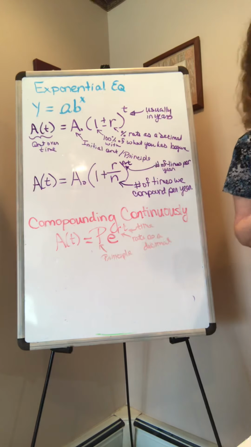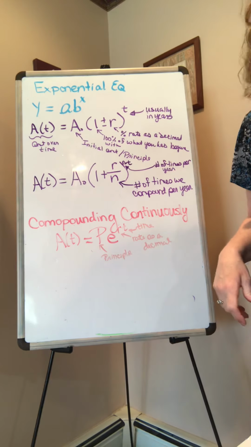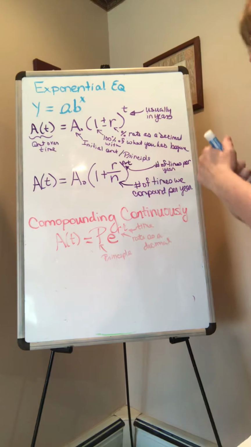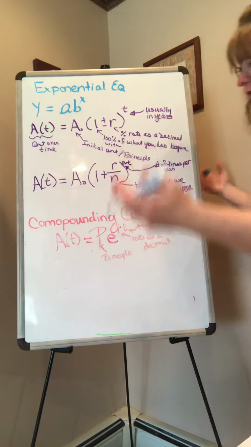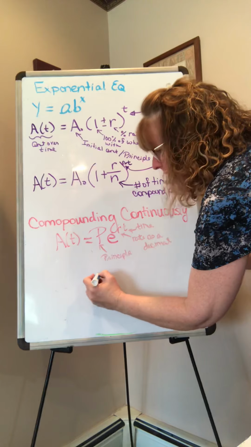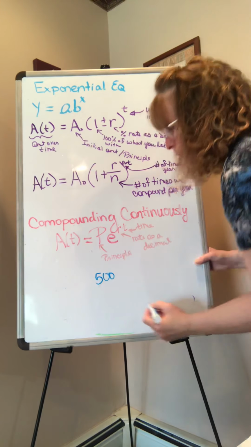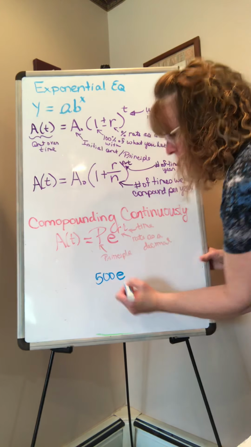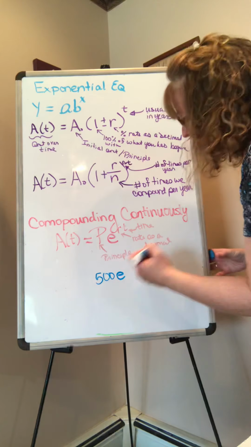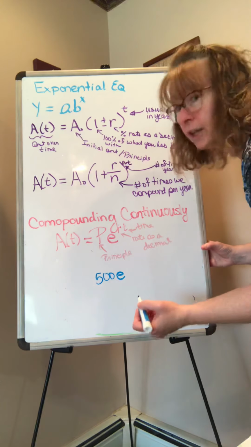So if you were to go on a shopping spree, and let's say you find this $500 leather jacket that you have to have, and you put it on your charge card, so you're being compounded continuously, and on your interest, you get charged a lot.